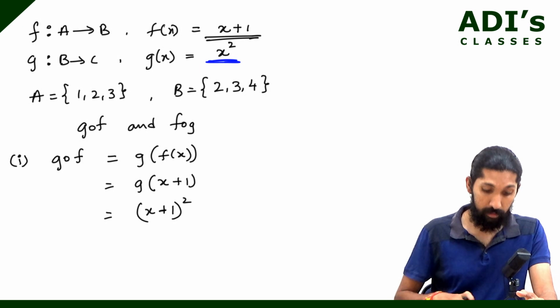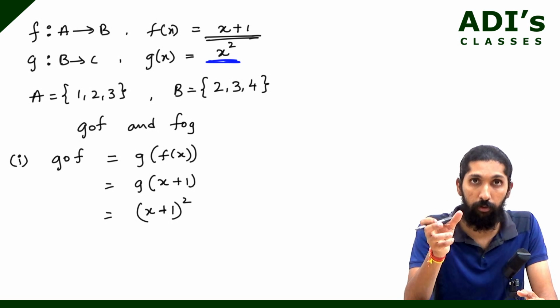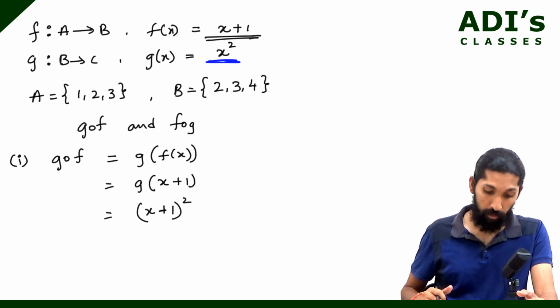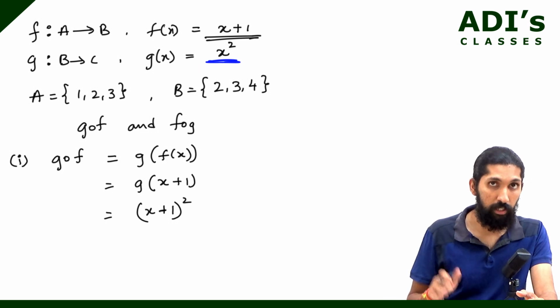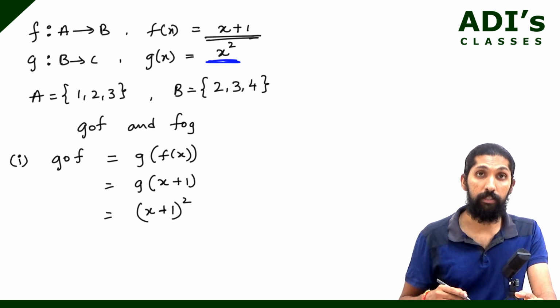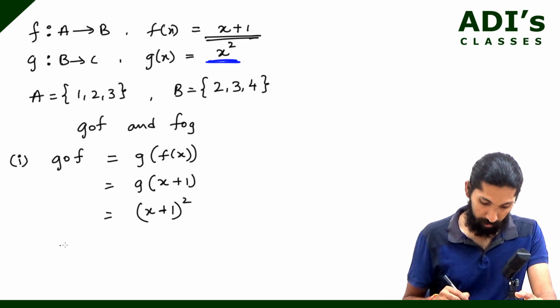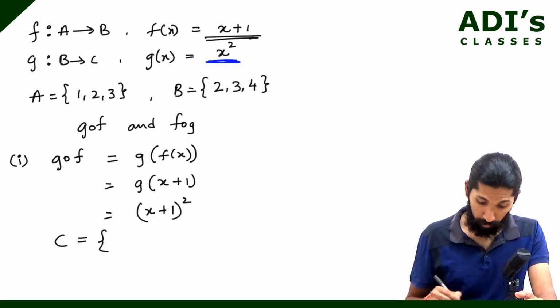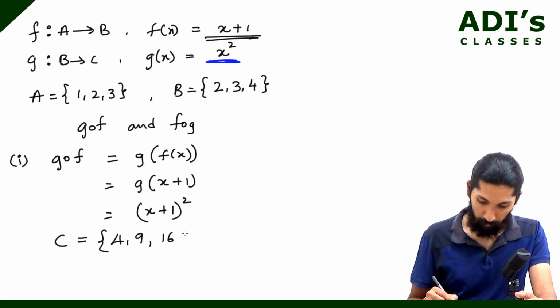Now, how do we write this in the set form? We have 1, 2, 3 and 2, 3, 4. If you are defining set C, because g is from B to C, we can write set C is equal to x plus 1 whole square, so 2 square, 4, then 9, then 16.